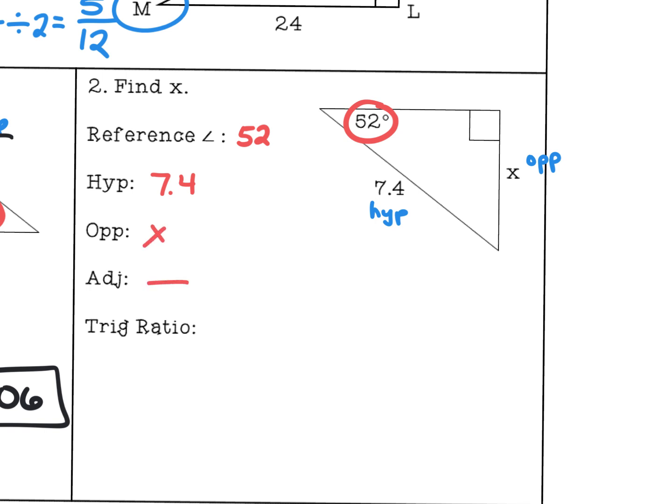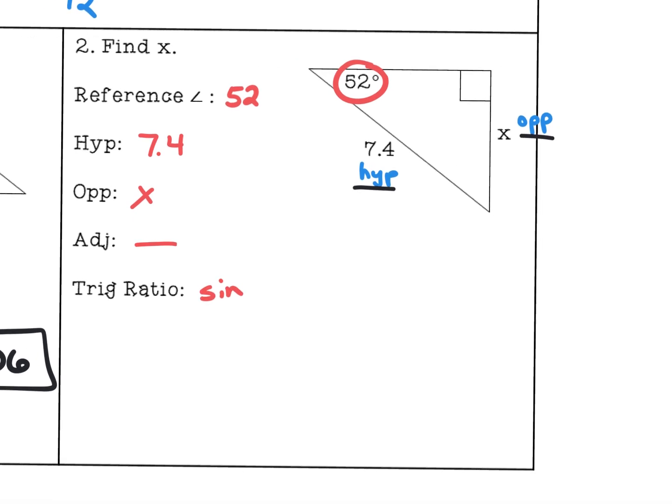So what was our step 2? Identify the trig. What trig ratio uses hypotenuse and opposite? Sine. Now that you have it outlined, write your equation. Always start with the trig. What goes with the trig? What goes in the parentheses? The angle. Yep. Sine of 52 equals the ratio.